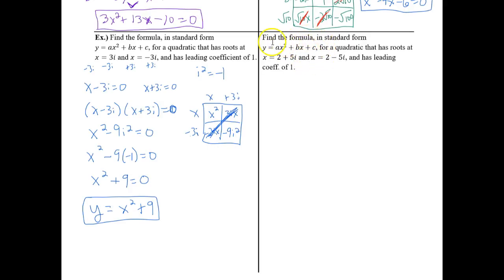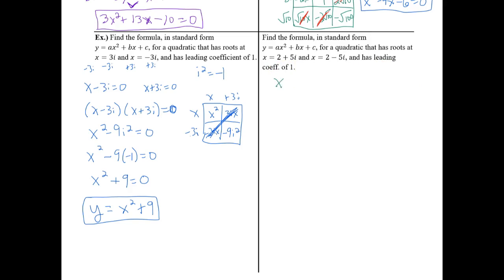Alright, example on the right. Find the formula in standard form y equals ax squared plus bx plus c for a quadratic that has roots at x equals 2 plus 5i and x equals 2 minus 5i and has a leading coefficient of 1. Alright, so just like we did before, we're going to set these equal to 0.